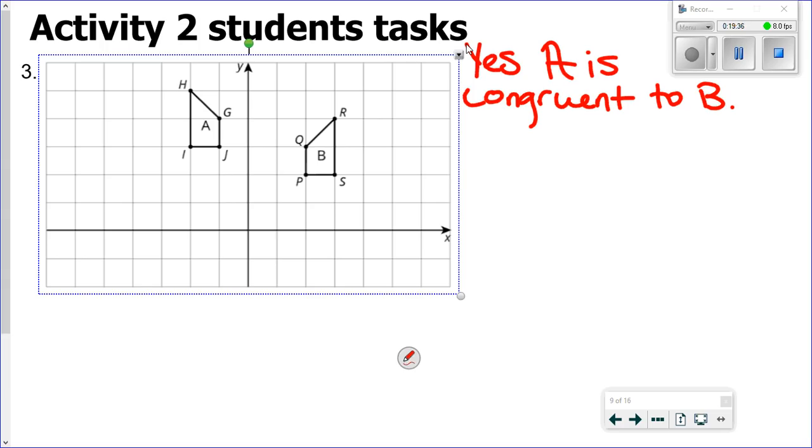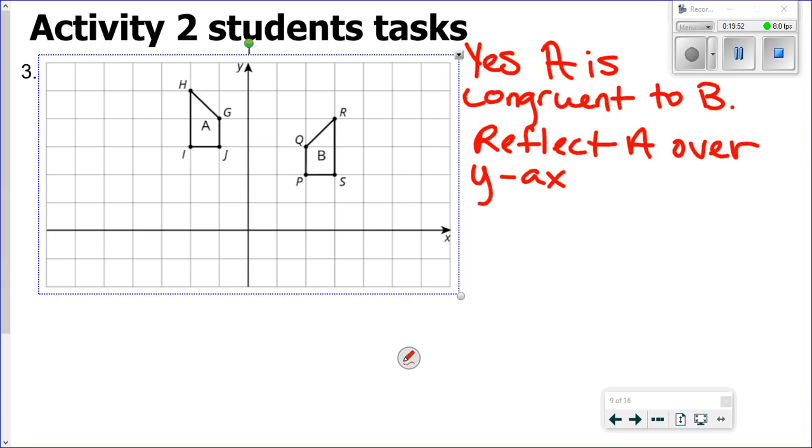A sample response might be that quadrilateral A has been reflected over the y-axis. And then, after the reflection, we translate figure A 1 unit to the right and 1 unit down.